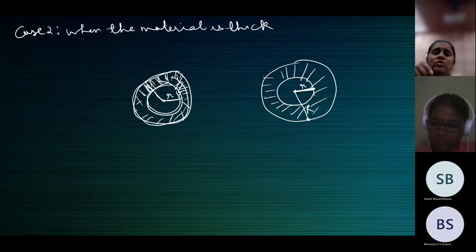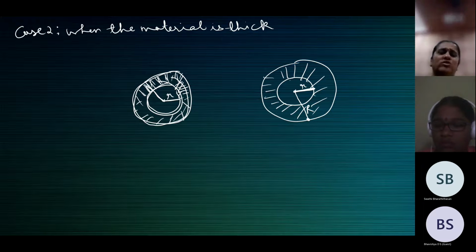There is nothing like inner and outer radius because you don't see two circles on the top. Only if you see two different circles can you have one smaller r and one capital R.